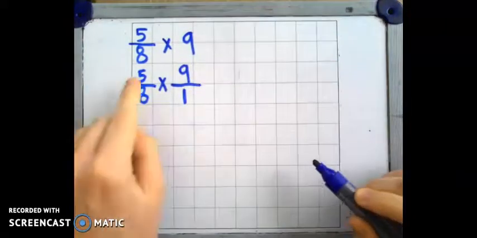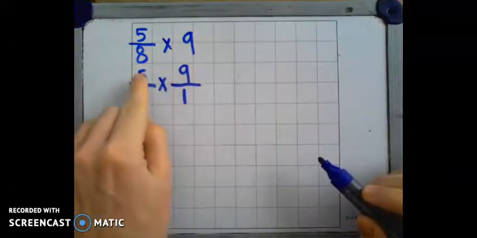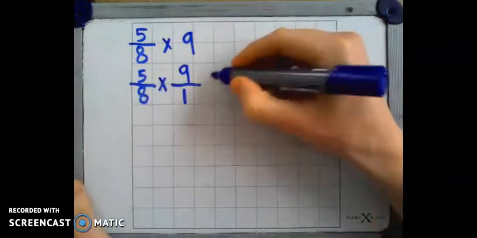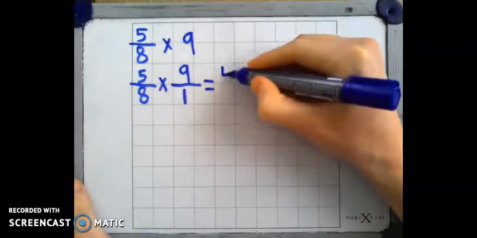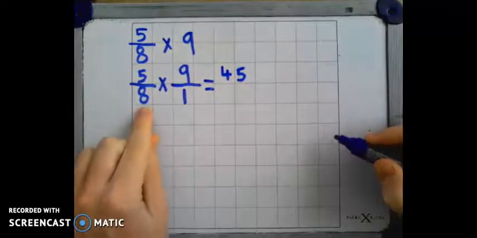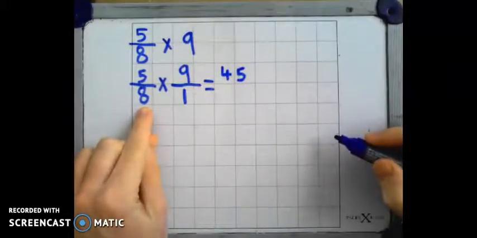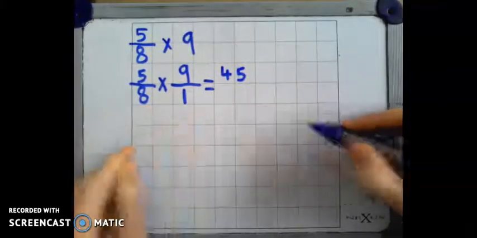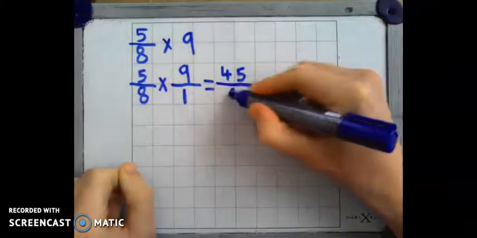Step 2, multiply the numerators together. 5 times 9 is 45. Step 3, multiply the denominators together. 8 times 1 is 8.